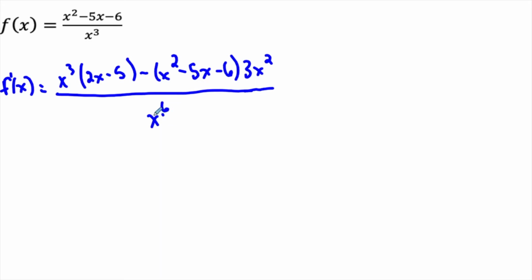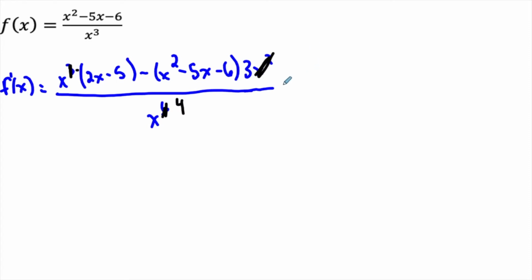Cancel out what we can before we go through and do any simplifying. So the smallest x's that we have are x squared. So that's gone. This will be a 4, and this will just be a 1. So let's do that before we do anything else, so we don't have to worry about simplifying later.